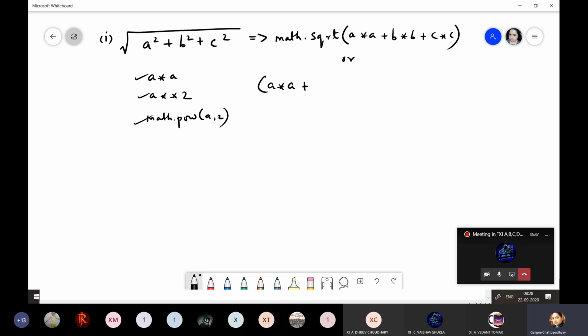Whatever you are writing inside, one of these 3 ways you can apply. Now for sqrt, you can raise it to the power 1 divided by 2. That will also mean the square root of a square plus b square plus c square.